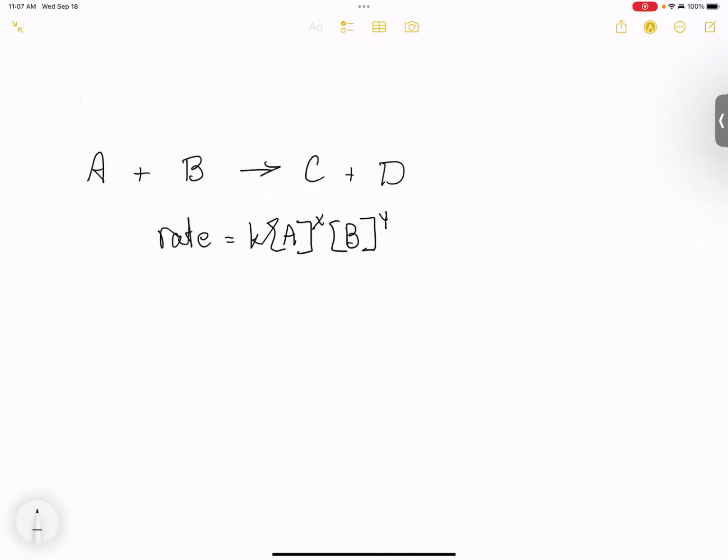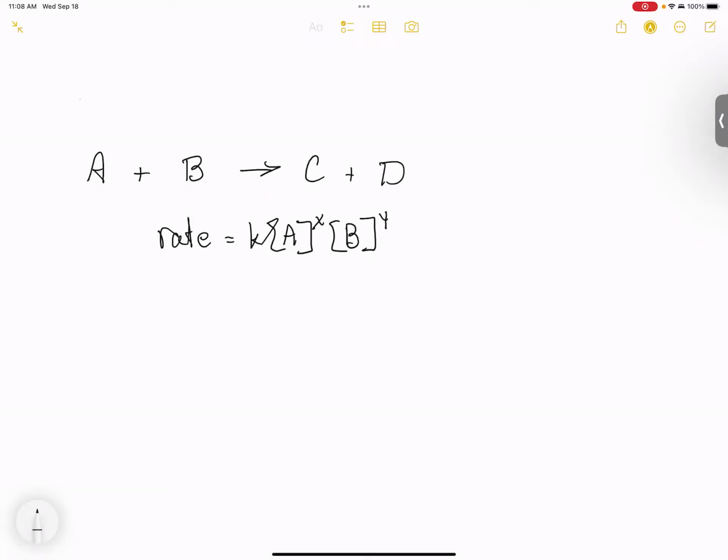Now, how do you determine the order? Because at the end of class on Monday, I gave you some reactions, and I gave you the rate law for those reactions. And what we discovered is that the order for the reactants is not necessarily related to the coefficients.